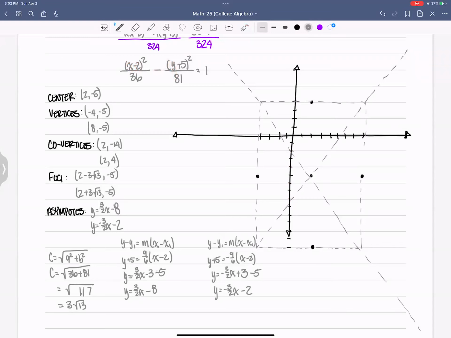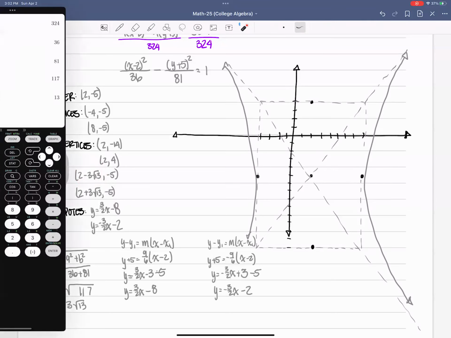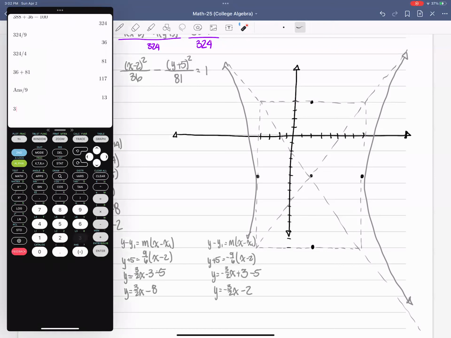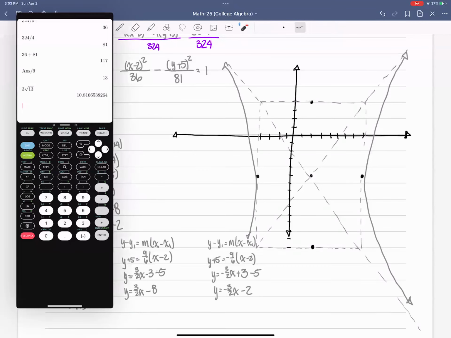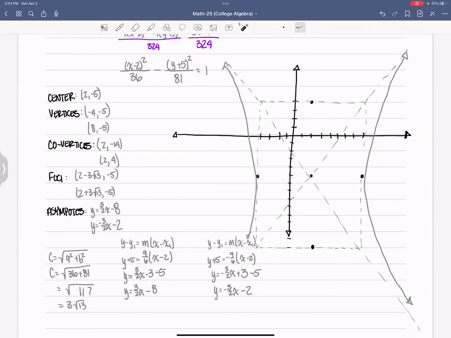So our actual graph ends up being this right here, and this over here. Oh, and the foci. So 2 minus 3 root 13. Let's get this. So 3 root 13 is 10.8 in the X direction.